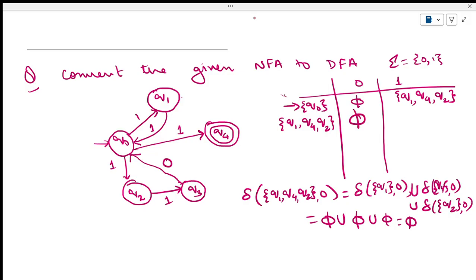Repeat the process for the symbol 1. Q1 on reading 1, Q4 on reading 1 and Q2 on reading 1. We'll see the diagram and find this out. Q1 on reading 1 is going to Q naught.